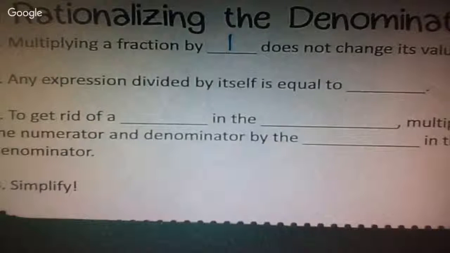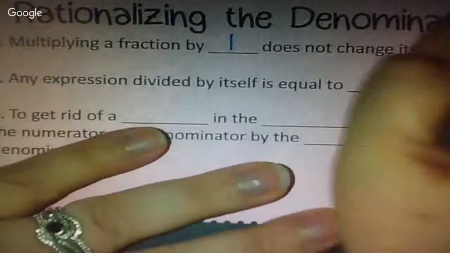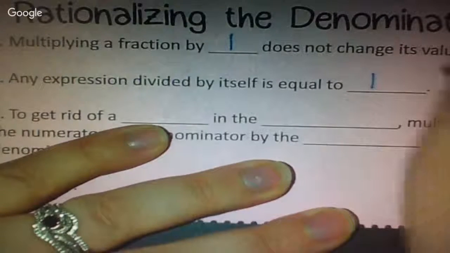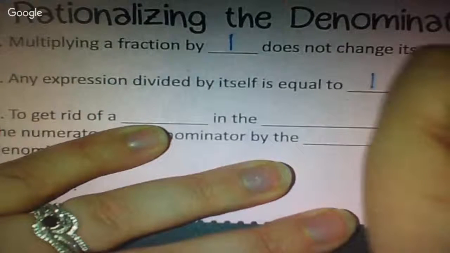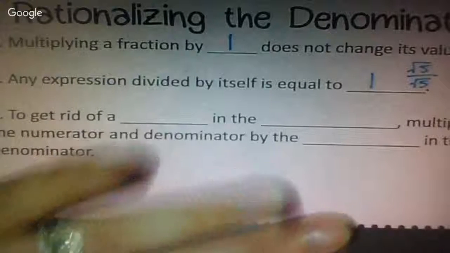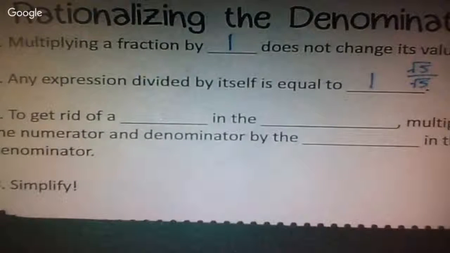Any expression divided by itself is equal to 1. So I can divide the square root of 5 by the square root of 5. That equals 1. Just 1. That's it. If you put 3 in the top and 3 in the bottom, 3 divided by 3 is 1. 120 divided by 120, 1.